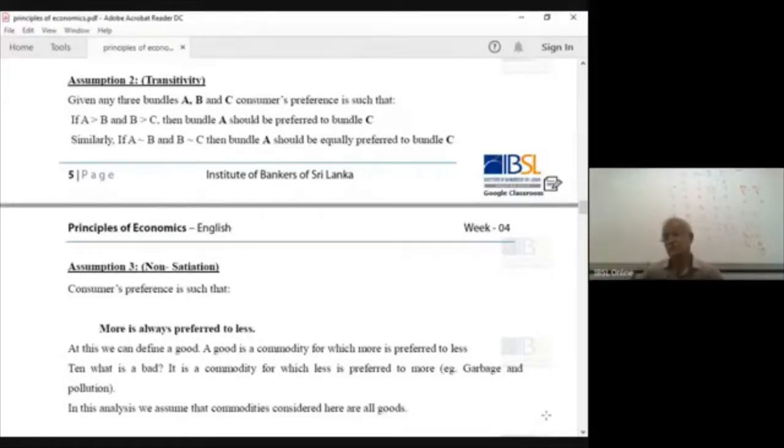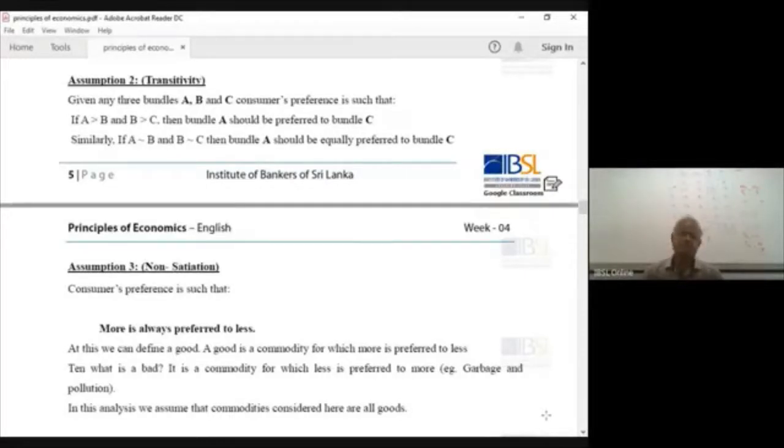If you have 1,000 rupees, you want to get 2,000. 2,000 is preferred to 1,000, and 3,000 to 2,000. You always want to have more. That is the assumption about the consumer's preference in a market economy: non-satiation, not satisfied. More is preferred to less.